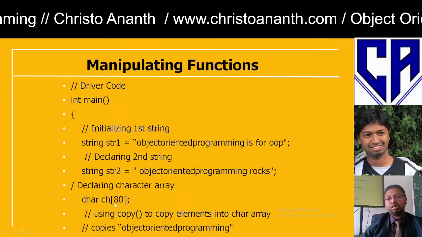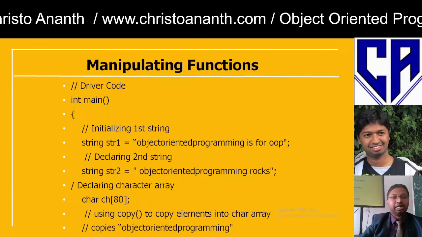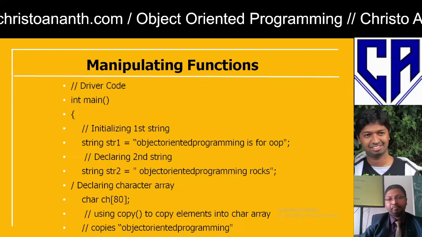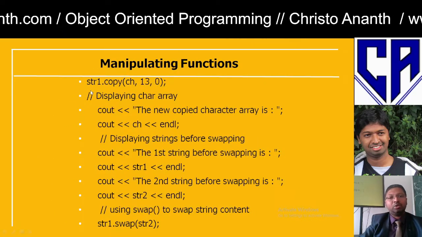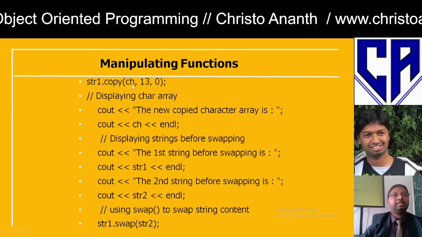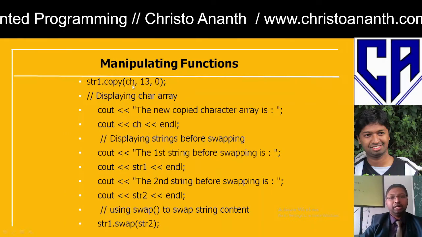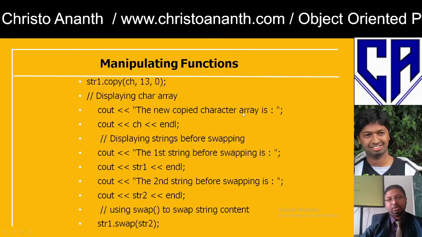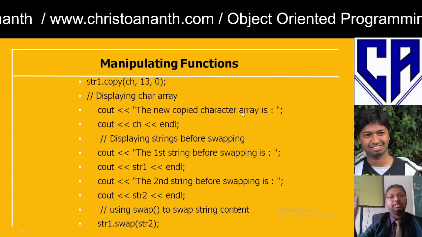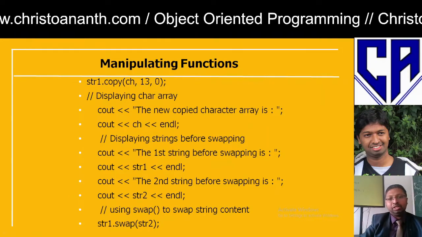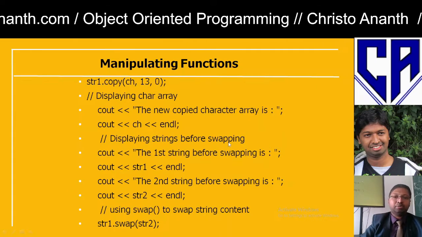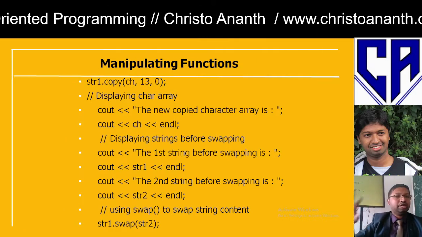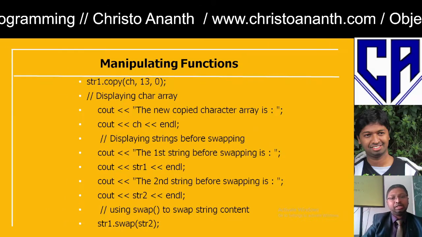Using the copy function, you copy the elements into the character array: str1.copy(ch, 13, 0). Then cout "new copied character array is", printing ch, and then you display the strings before swapping. The first string before swapping is str1, and the second string before swapping is str2.